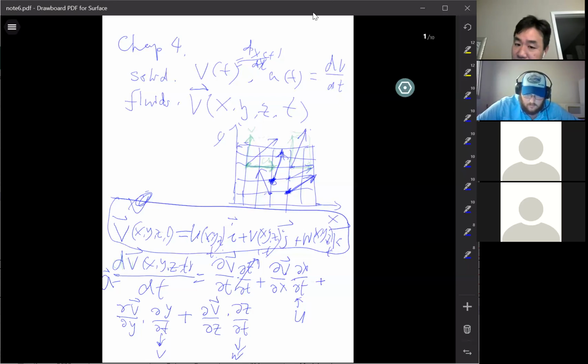F equals mass times acceleration. Exactly, right? Basically, that equation relates the force and the motion. Acceleration is the motion. So now you see how important it is that we measure velocity.